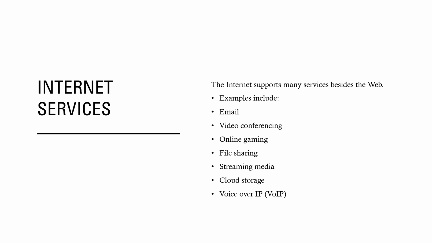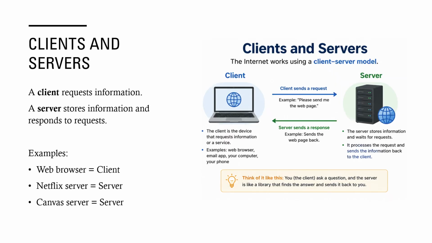And although they seem very different, they all rely on the same basic communication model. Whether you're visiting a website, sending an email, or streaming a movie, a client is requesting information from a server. Let's see how that process works. So most internet communications follow this client-server model.